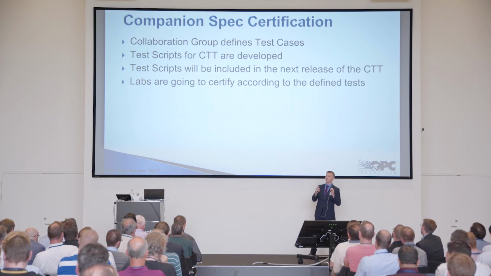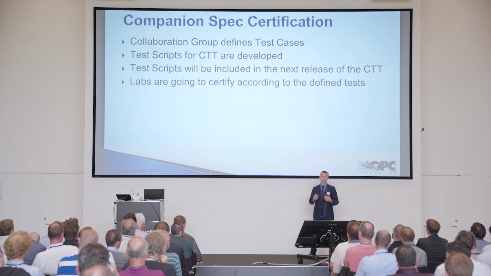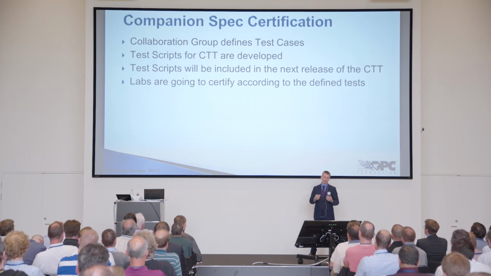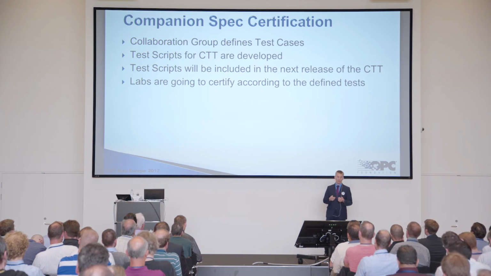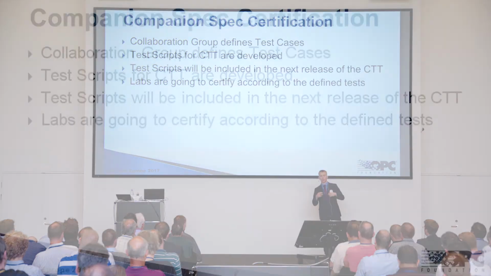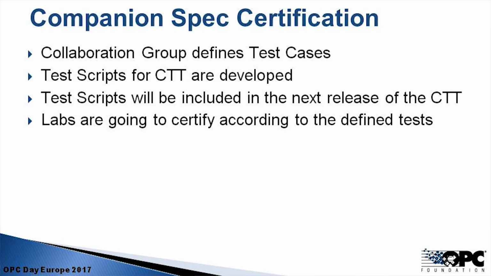So for the companion specifications, there are basically 4 things that need to happen. One is, after the collaboration groups have finished their companion specification and released them, they need to define test cases on those. Then these test cases need to be developed as test scripts for the CTT.